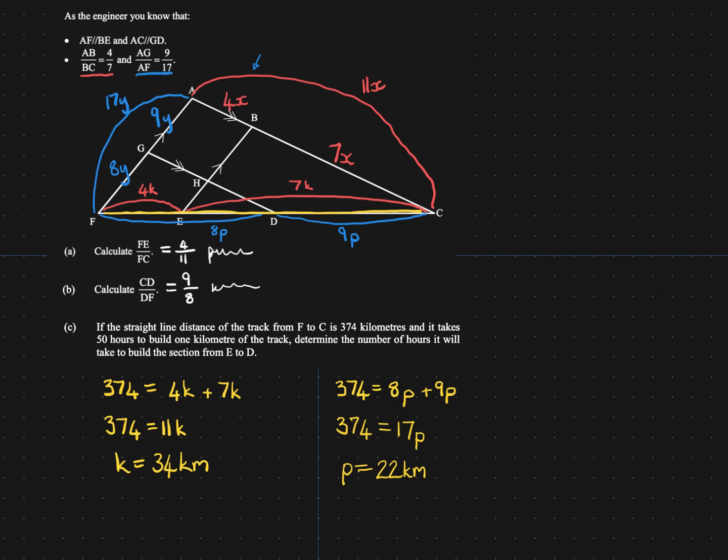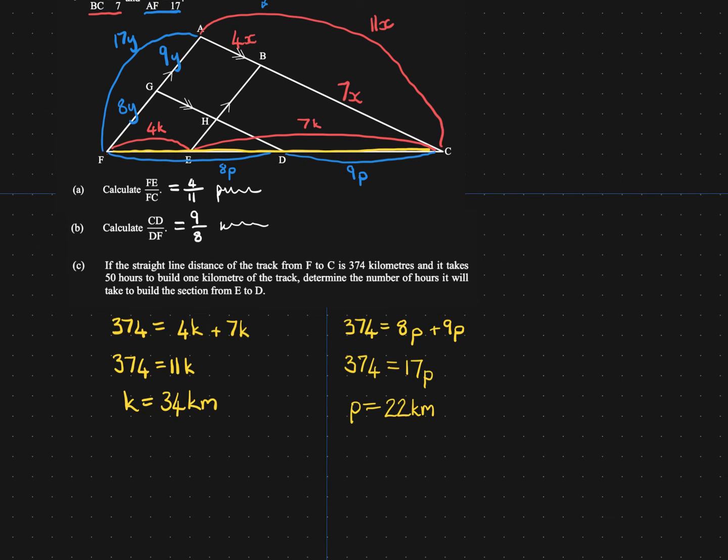The reason that's helpful is now I know that I need to calculate the distance over here, E to D, and I can do that because I know what all of these values are going to be. It is looking a little untidy, so I'm going to redraw it to make it more obvious. F, E, then we've got D, and then C over here.